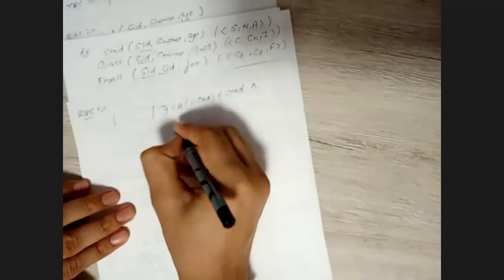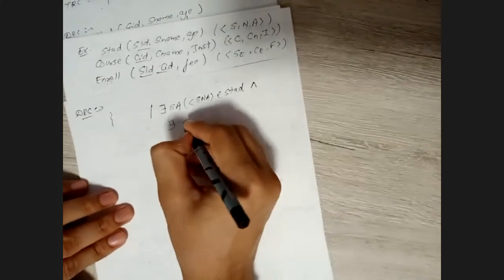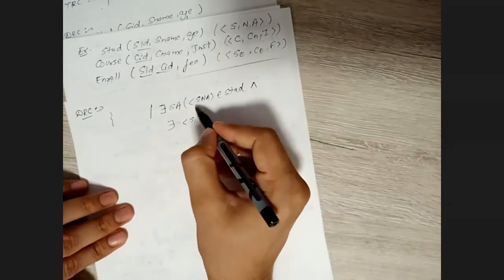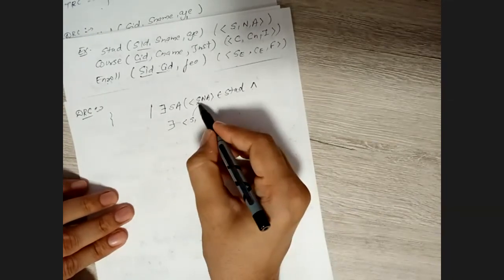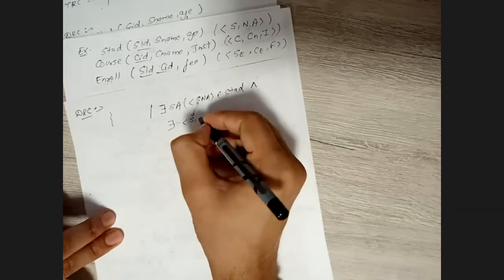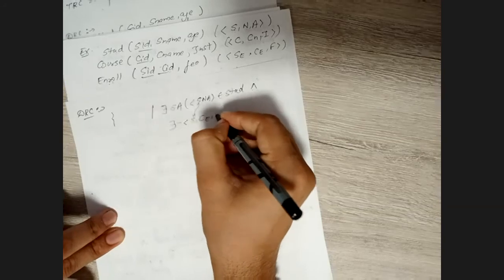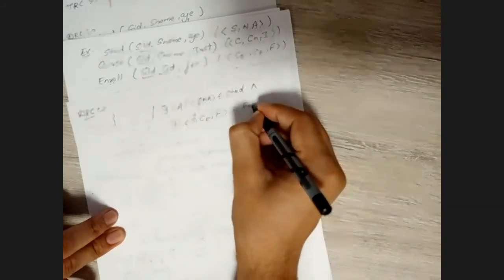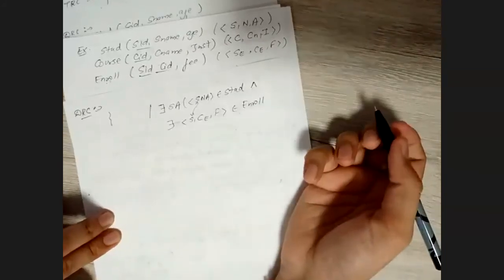Okay, right? See now, and there exists S. See, I'm writing S, right? It means what? Using the same, I mean kind of join is here, right? S comma C E comma F, this belongs to your enroll table, right?